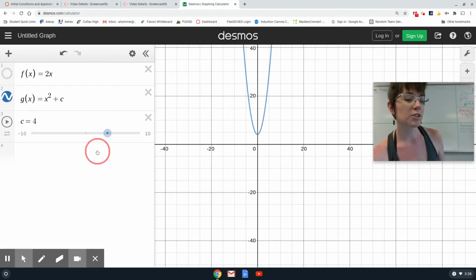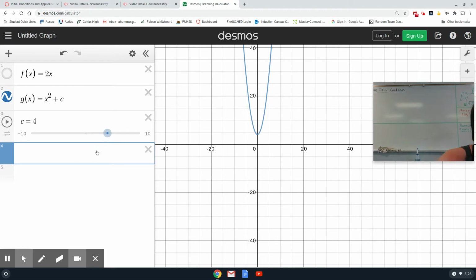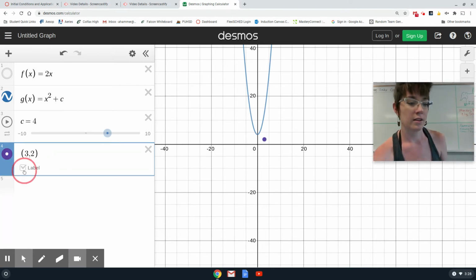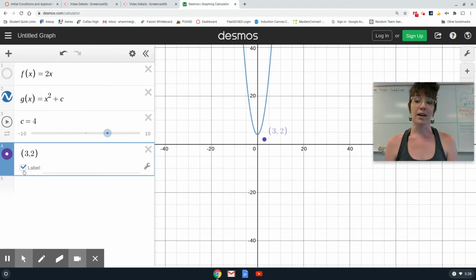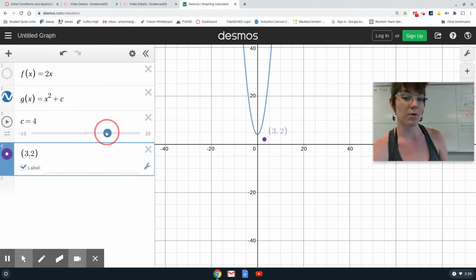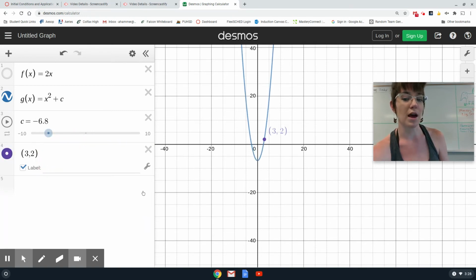An initial condition might be something like 3 comma 2, which is like that. And so maybe it's telling me, oh, your function goes through that point. So you need to shift your equation until it goes through that point.